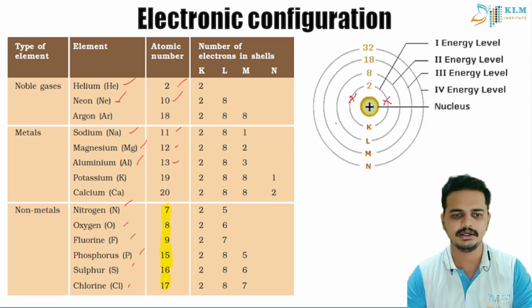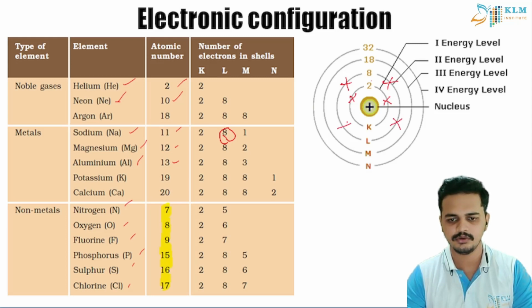So let us see about sodium. Now in K shell we have 2 electrons already. Now in L shell, sodium has 8 electrons. So 1, 2, 3, 4, 5, 6, 7, 8.